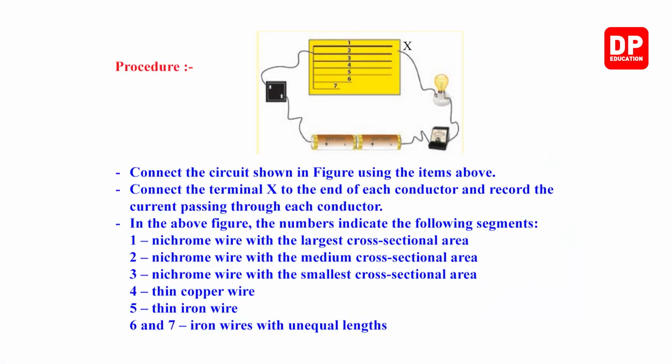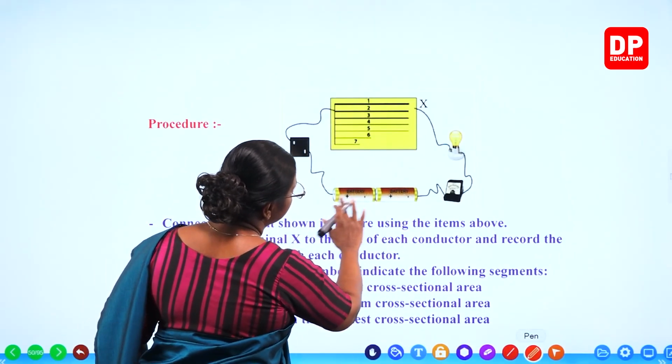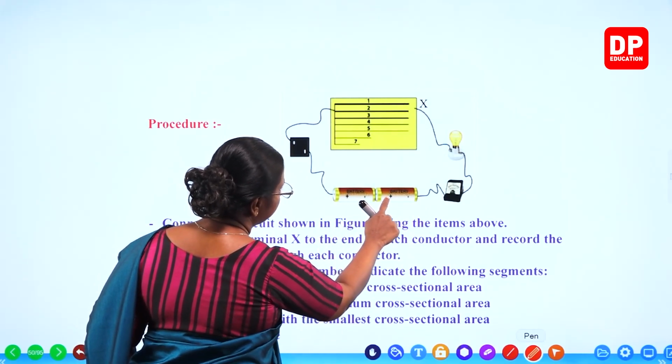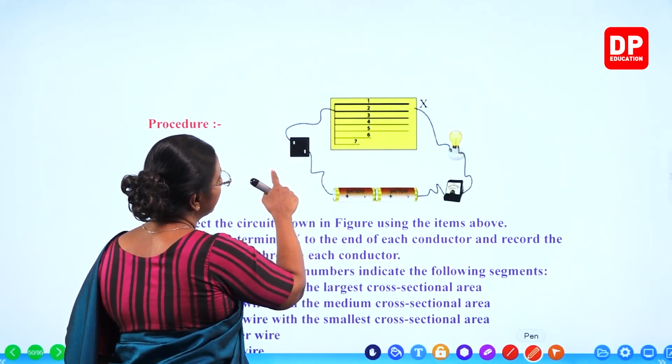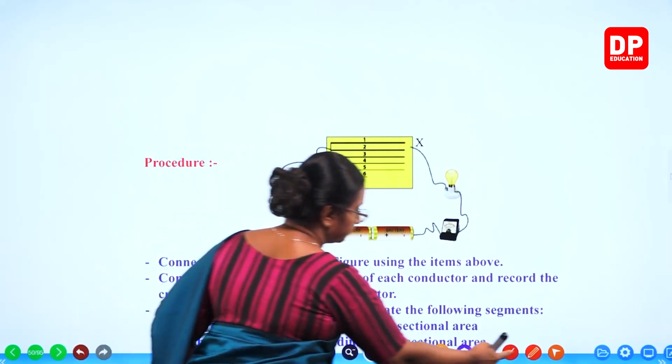So, procedure. First we'll look at the diagram. Here as you can see, students, this is how we connect. We have the batteries connected in the correct manner: positive, negative, positive, negative. Then to the positive terminal we have the switch connected. Now here you can see this is the wooden board.